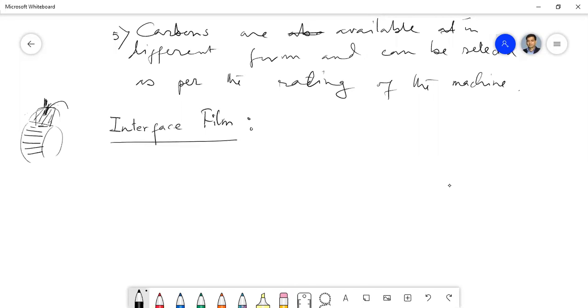Now what happens? Suppose we have the commutator surface like this, and a carbon brush mounted on it. This is the commutator surface and that is the brush.